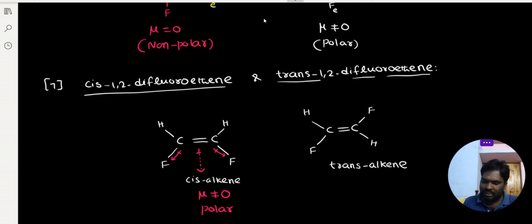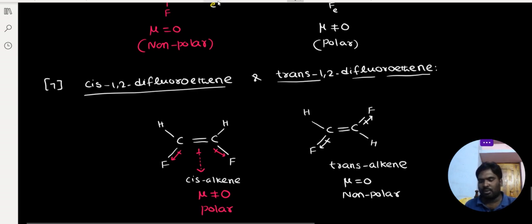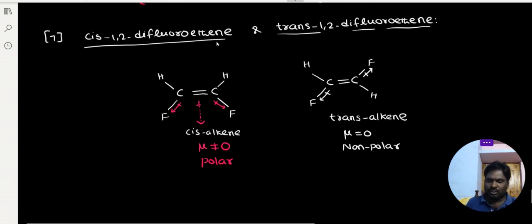Now in the trans alkene, both bond polarities exactly cancel out, so mu equals 0, which means non-polar molecule. So cis is polar, mu not equal to 0. Trans, mu equal to 0, non-polar molecule. Clear? A very, very important concept.